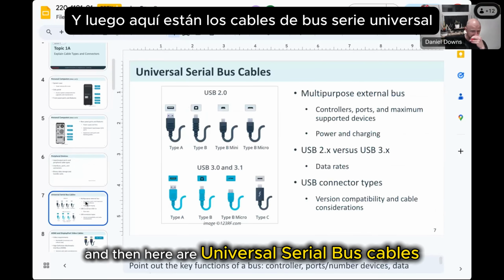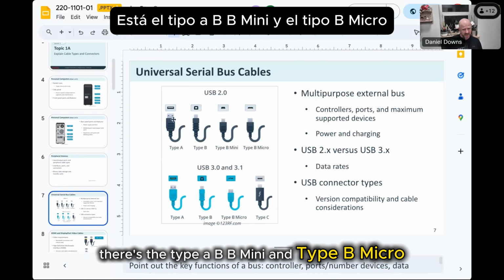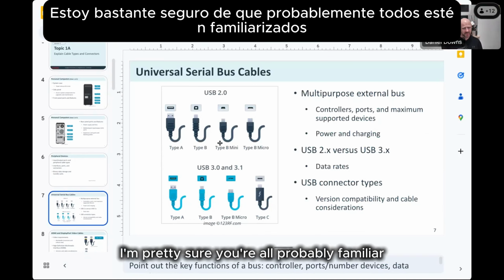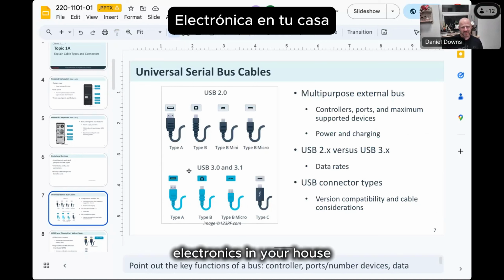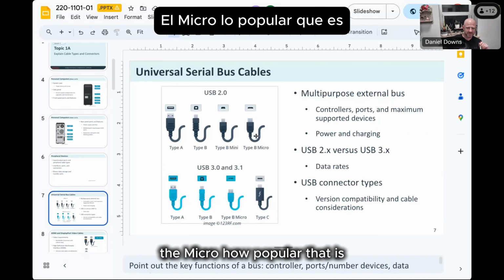And then here are universal serial bus cables, USB 2.0 and USB 3.0. So there are different USB cables. There's the type A, type B, type B mini, and type B micro. I'm pretty sure you're all familiar, if you have any amount of electronics in your house over the last 5 or 6 years, with the micro, how popular that is.